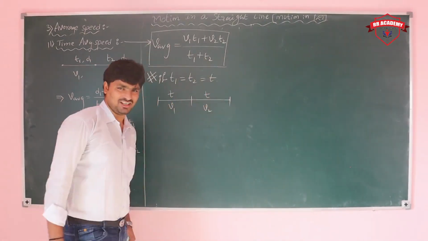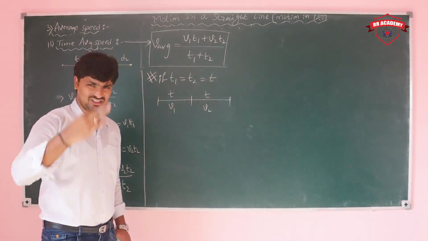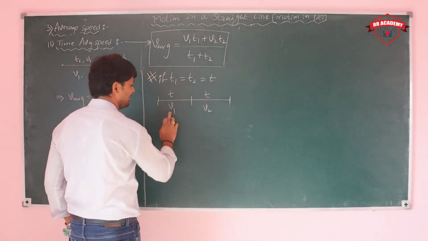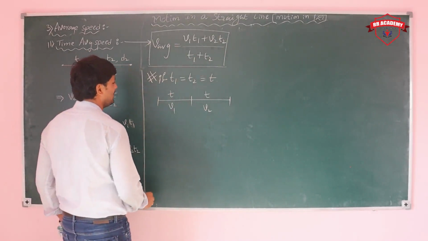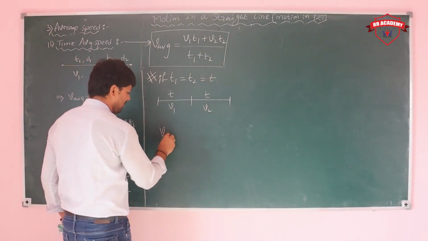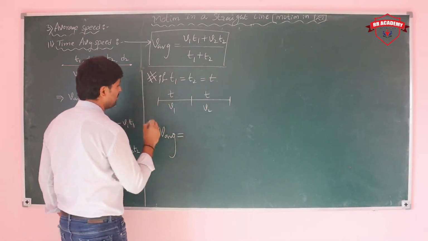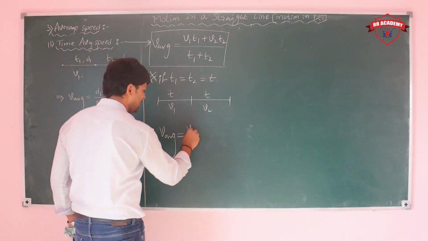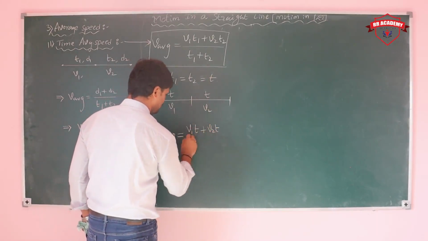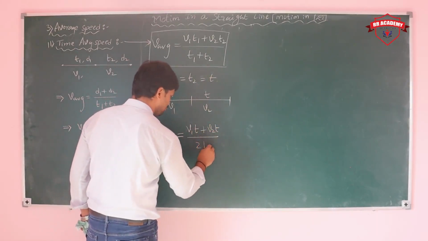You can also take first half time, second half time, no problem. Then put t1 and t2 equal to t. Then v average is equal to v1 into t plus v2 into t upon 2t.